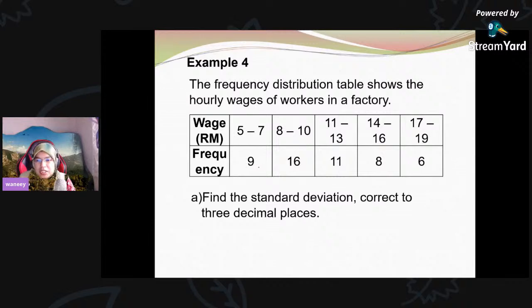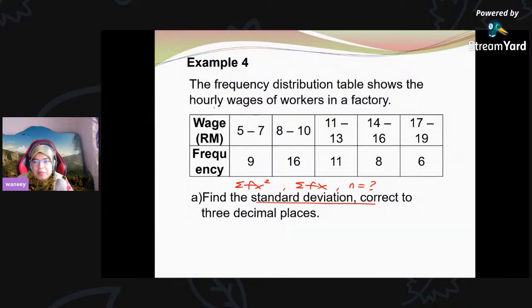And the frequency is 9, 16, 11, 8, 6. Find the standard deviation correct to 3 decimal places. So they simply ask for the standard deviation. So that means you have to calculate what is the sum of fx square, the sum of fx, as well as what is the value for the n, or the total frequency. So you have to calculate all those things.